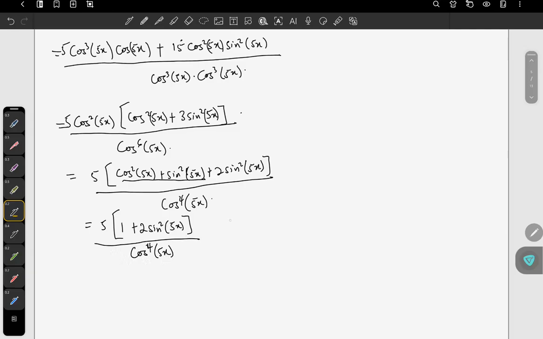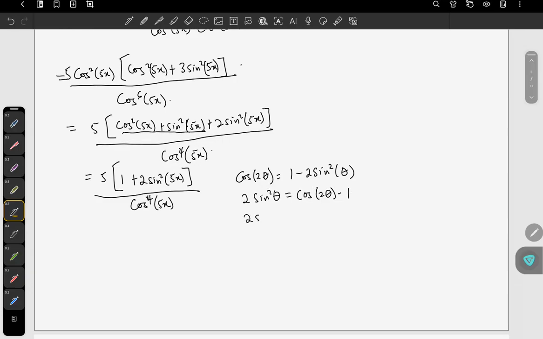That's beautiful, because we also know that 1 plus 2 sine squared theta... So what is cos 2 theta? Cos 2 theta is equal to 1 minus 2 sine squared theta. So it means that 2 sine squared theta is equal to cos 2 theta minus 1.